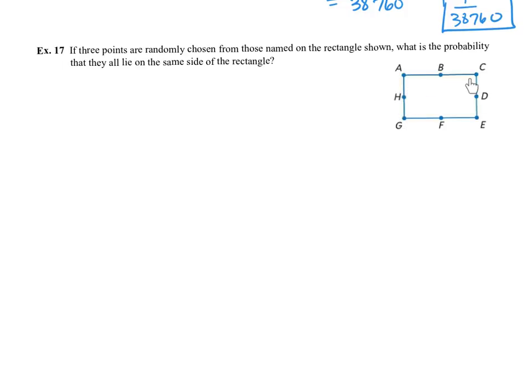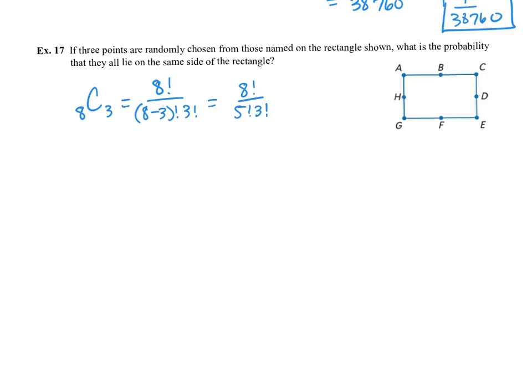And each side has 3 points. So order doesn't matter, so we're looking at a combination of 8 points chosen 3 at a time. That would be 8 factorial over 8 minus 3 factorial times 3 factorial, which is 8 factorial over 5 factorial times 3 factorial.